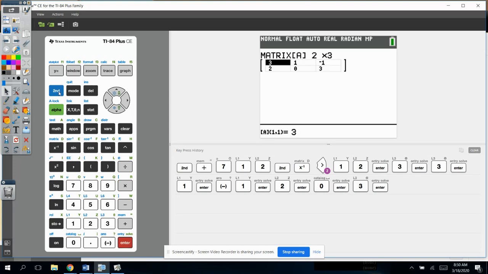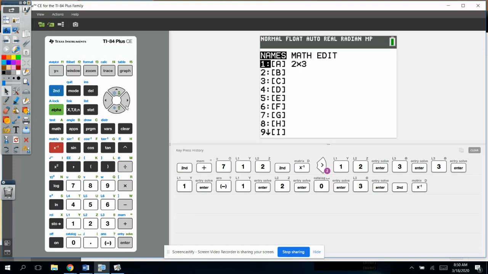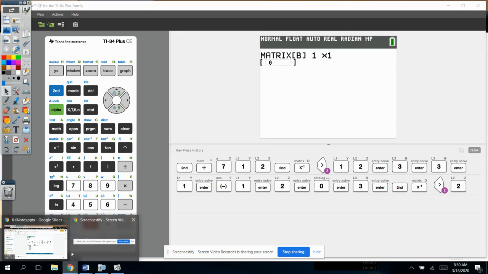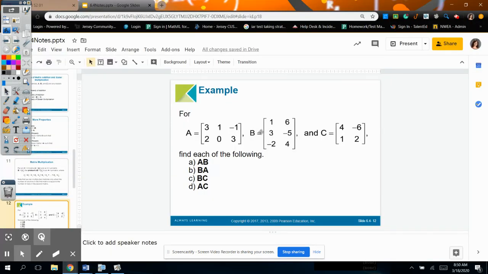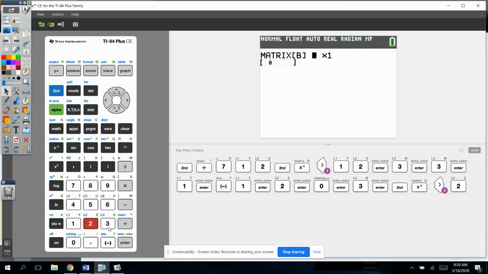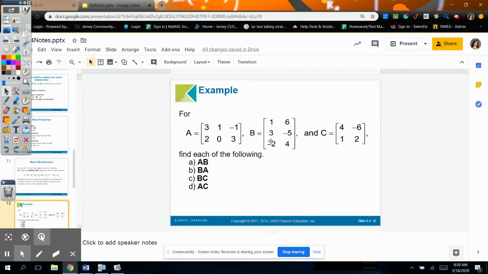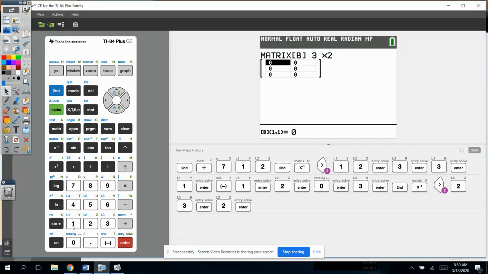Okay, there's matrix A. So then go to second matrix. We'll go to edit. We'll edit matrix B. B was a 3 by 2. Go back to see what I got here. 1, 6, 3, negative 5.